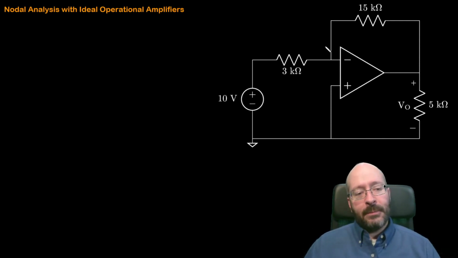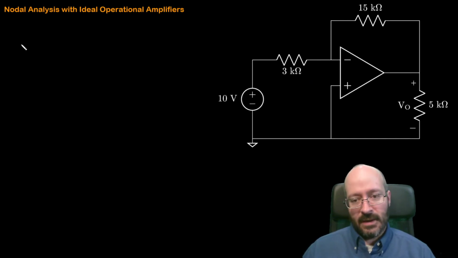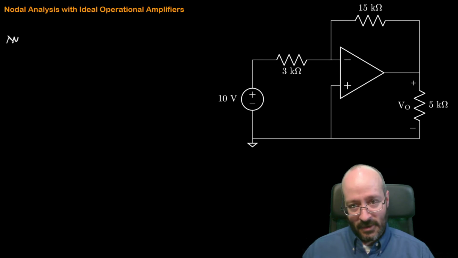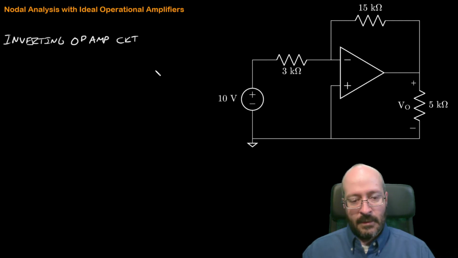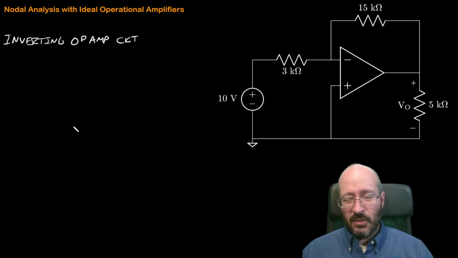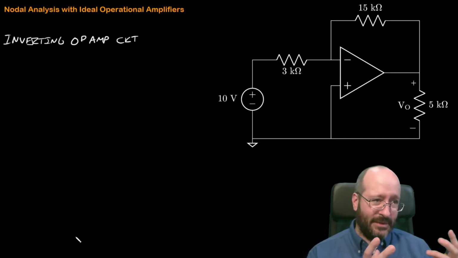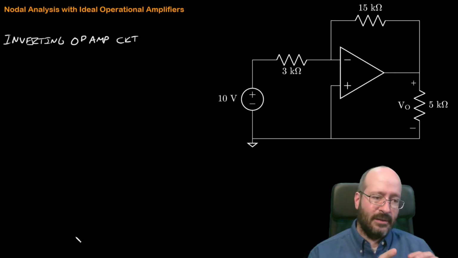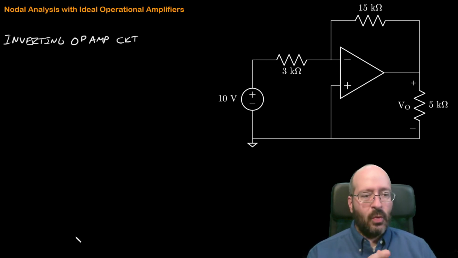Okay, so most people would look at this circuit and say, okay, the gain of this circuit, since it is what we call an inverting, this is an inverting op amp circuit. You can probably find it in a book or online pretty easily. What's the gain?